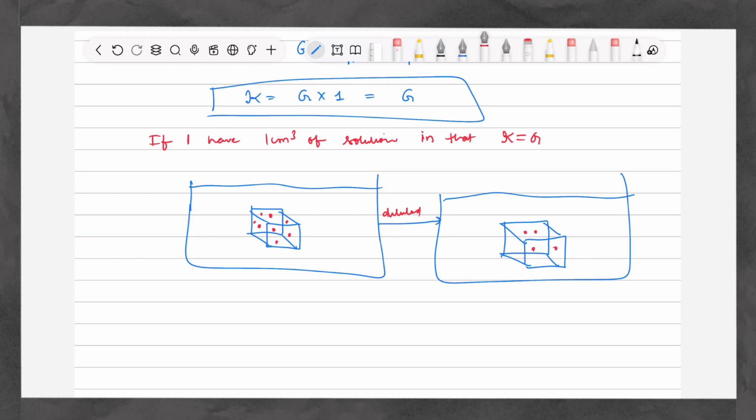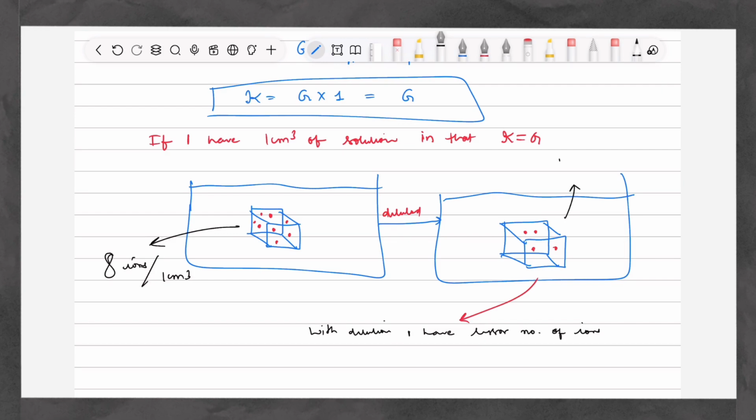So in that case, if I am assuming we will have 4 ions, so I have lesser number of ions with dilution. In the first case, I have 8 ions per 1 centimeter cube of solution, but in the second case I have only 4 ions for conduction in 1 centimeter cube cell.